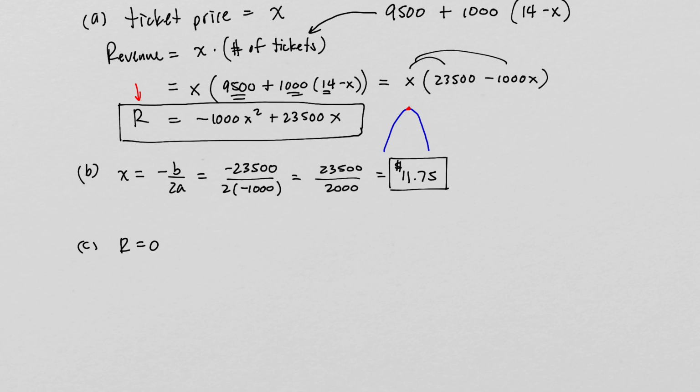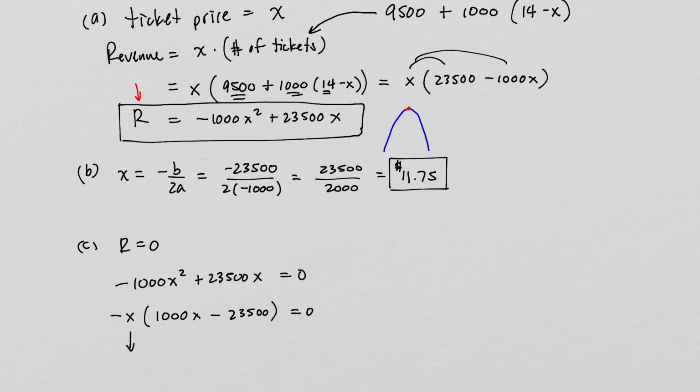So if we take R, which is this function here, and set it equal to 0, we get negative 1,000 x squared plus 23,500 times x equals 0. I can solve this by factoring out a negative x, and if I do that, I get 1,000x minus 23,500.